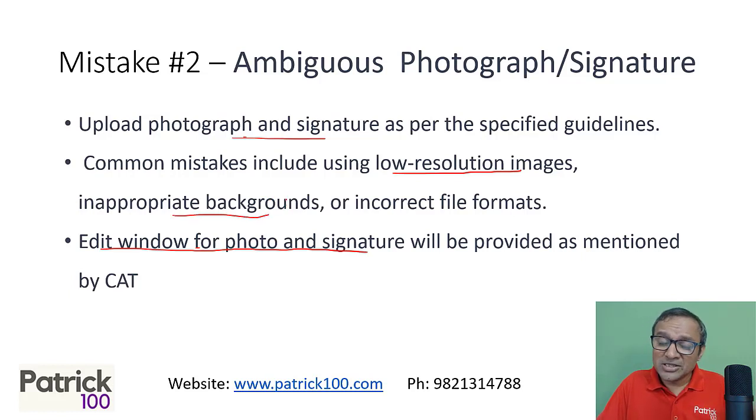The background should be proper. They have mentioned very clearly the plain background, what it should be, and the file formats. Look at these three things: resolution, background, and incorrect file formats. I've seen a lot of times the photograph coming up in the final page is not proper and it ends up in refilling the form or other problems. Try to avoid it. Be very careful with the photograph and signature.